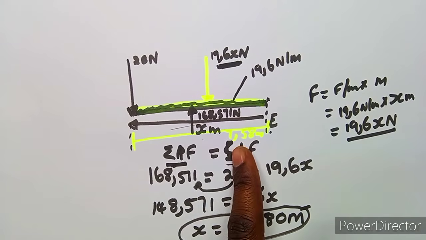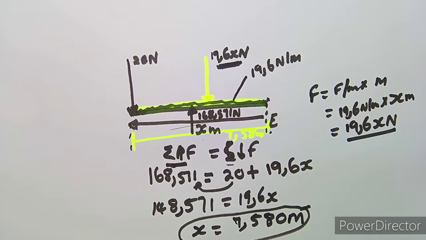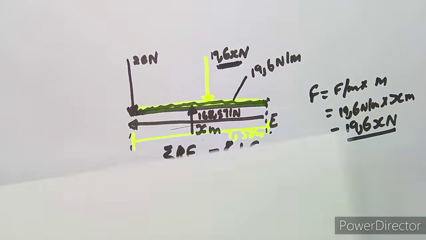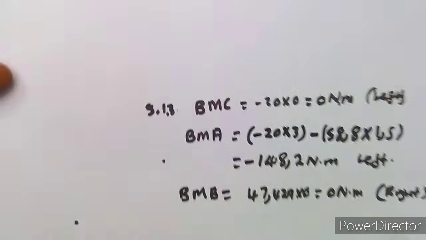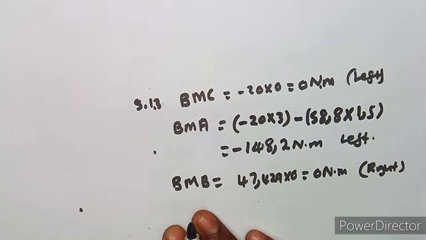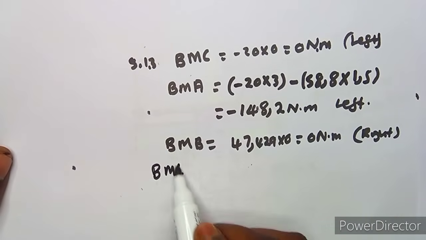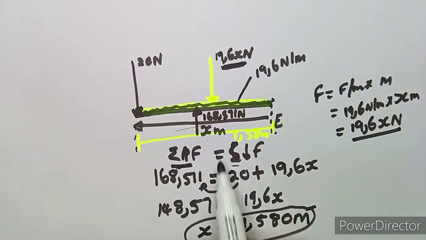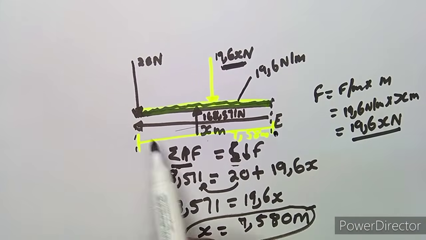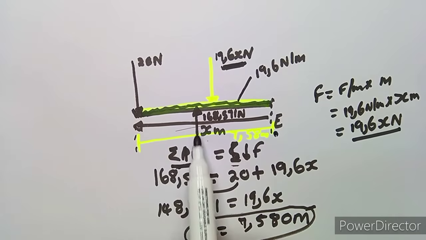So once this distance is there, then it's now easier for us to have what? To have the bending moment at D, because the major thing that we're doing this for is so that we can have the bending moment at the point. Oh, I wrote it as E now. Okay, anyways, it's fine. Let's continue to use it as E, but it was D. So the bending moment at E now we are going to have, remember, there is a support that is going upwards there.